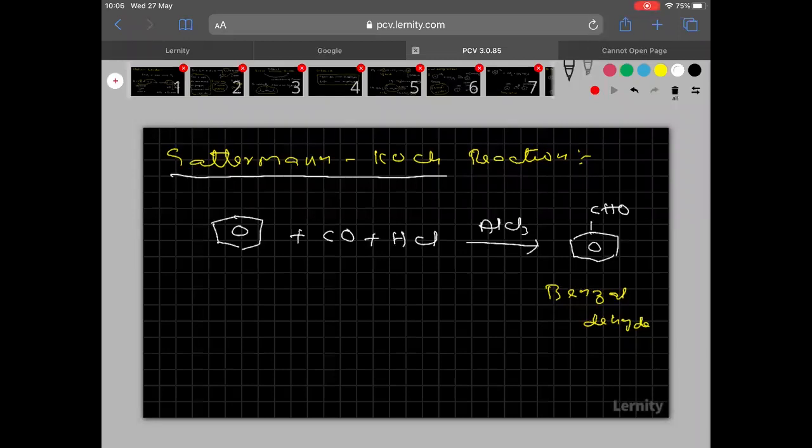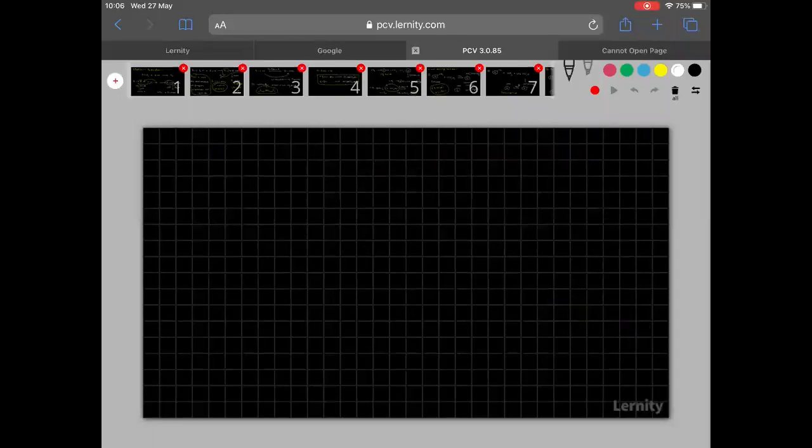Clear? Okay. Now coming to the next one. Next one is from Grignard's reagent. Clear?